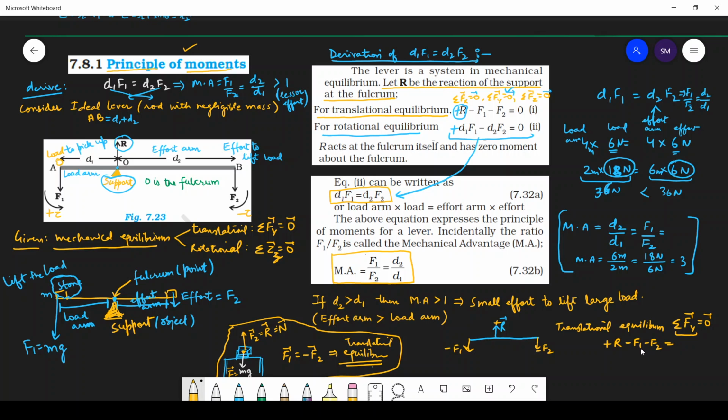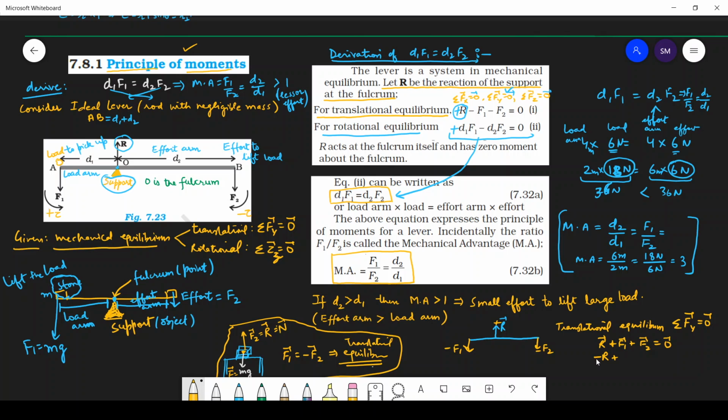Sir, will we consider the weight of the support also? Let me write it again. Yes, good question. R plus F1 plus F2 is equal to 0. This is the meaning of the net force. Now what is this R vector? Its magnitude is R, and since I have only two directions, I can write the direction with plus and minus. I have removed the vector sign.